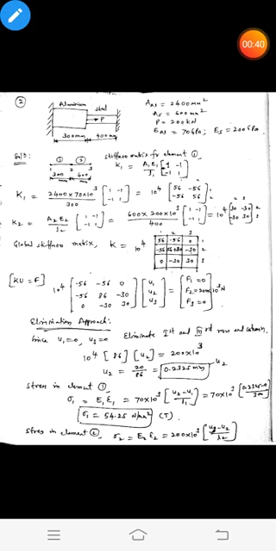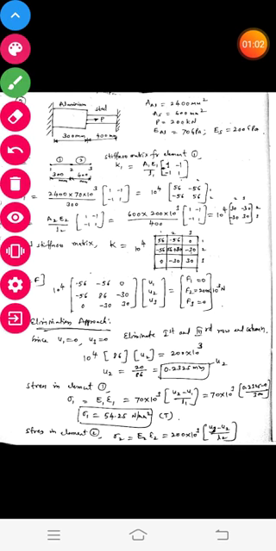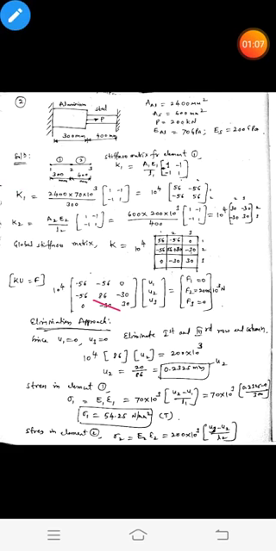Let us consider the stepped bar problem consisting of two materials, aluminum and steel, subjected to an axial load P as shown. Now, in the solution for this problem, let us discretize this stepped bar into two elements.